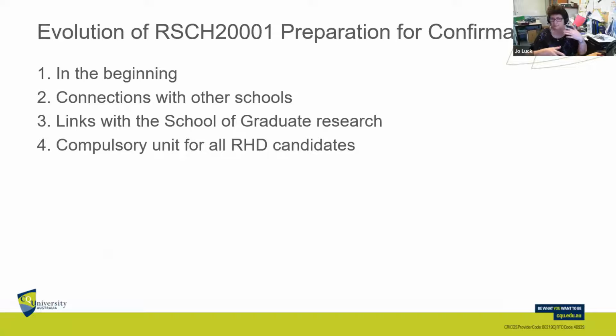I'm just talking about what's happened from the beginning in 2012 till I took it over to the current day, and how connections were made and things were put together to make this a much larger, more robust unit than it was before. So that's just an overview of the 4 things I'm talking about.